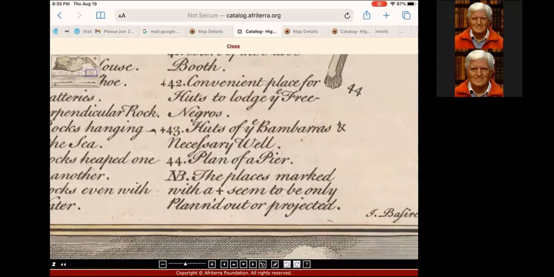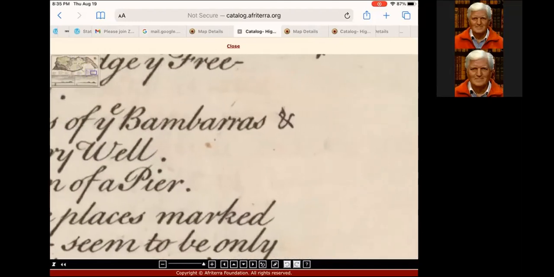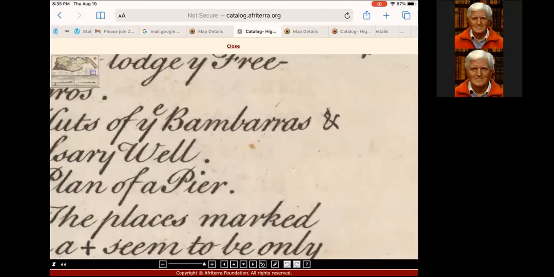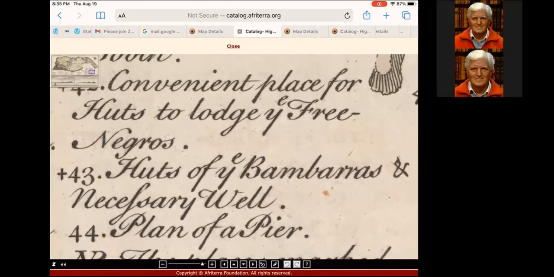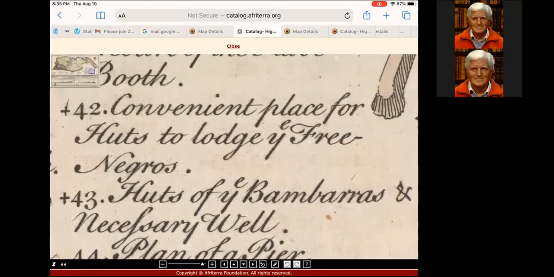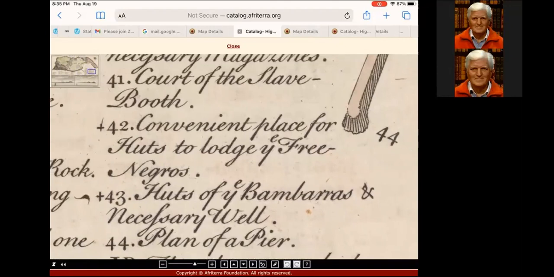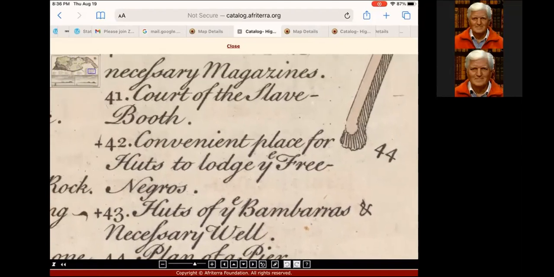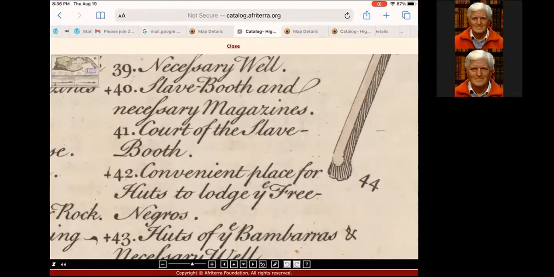Here they are. 42. Convenient place for huts to lodge ye free Negroes. 43. Huts of ye Bambaras. Now, what are the distinctions of those on the island between the Bambaras and the free Negroes? Very interesting that it should be outlined in a map like this, and something that should be studied in detail, along with the date that this takes place.